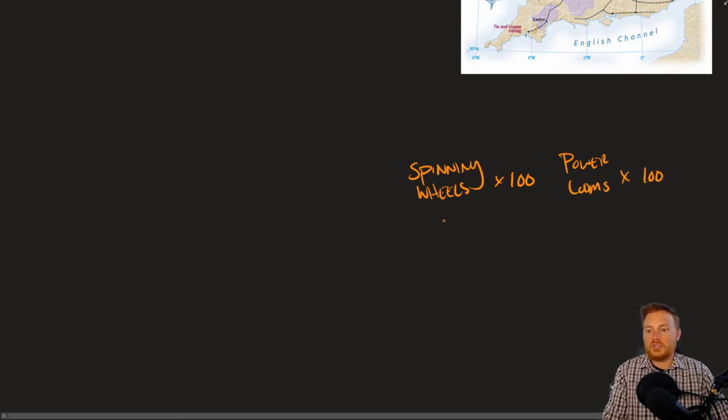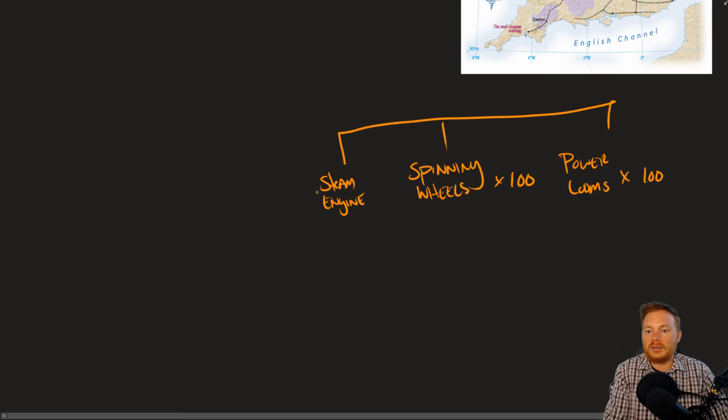But instead of getting 200 people to work with their hands and spin all of these things, that's where the steam engine comes in. And the steam engine is connected to all of these devices in a way that as long as the steam engine is going, it can power all of these things. And of course, you can see how this would create then just really a massive amount of goods being produced.